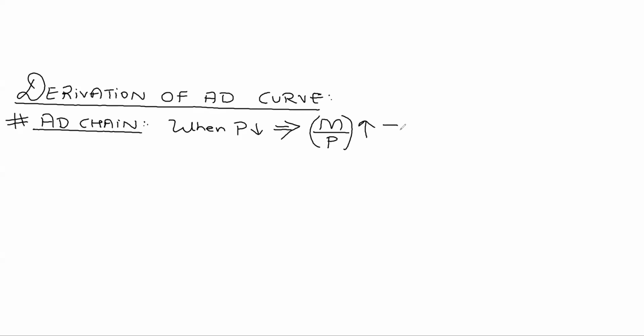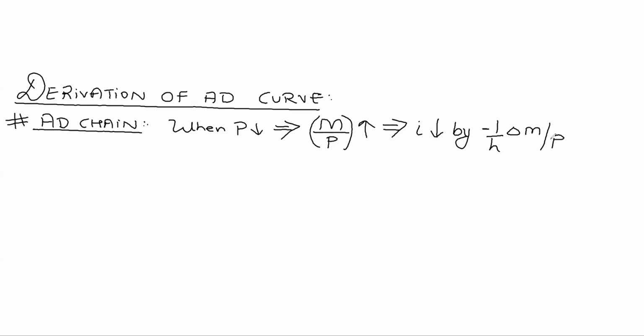When real supply of money increases, all of you remember the LM chain, it's exactly the same. When M by P rises, central banks have printed a lot of money and given it to the commercial banks. Commercial banks have excess money with themselves, they'll be able to loan it out only by reducing the interest rates by how much?